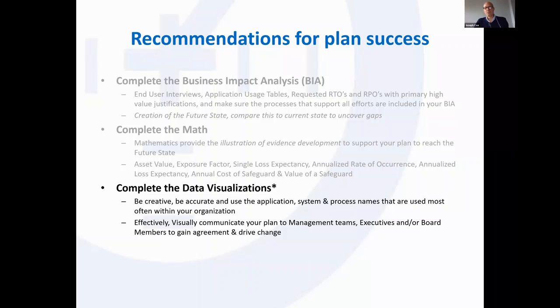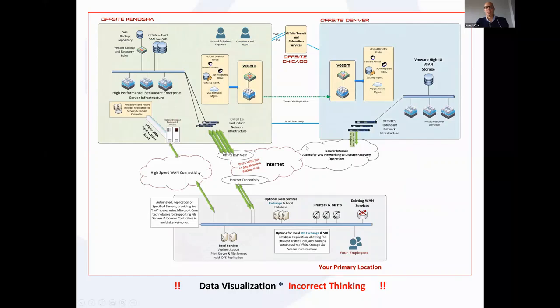Now, the supporting evidence and information is important, but this is the piece that gives people pictures they can follow and creates an image in their mind of where your issues are. I threw in a quick example here, one of our data recovery diagrams, but for the purpose of disaster recovery presentations, projects, and a BIA, this is the wrong way to look at it.